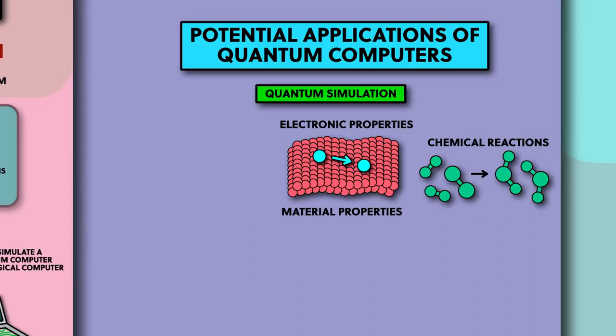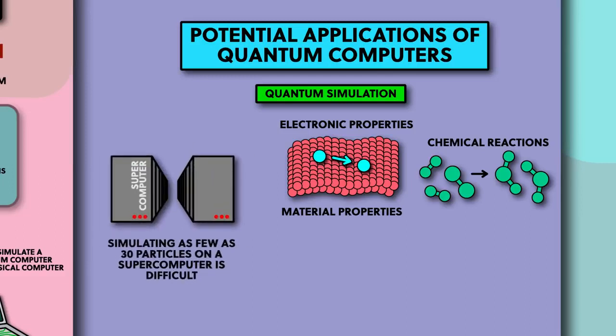Now, I've made a whole other video about quantum simulation which you can watch here, but basically, simulating quantum systems with as few as 30 particles is difficult even on the world's most powerful supercomputers. We also can't do this on quantum computers yet, but as they mature, a main goal is to be able to simulate larger and larger quantum systems.